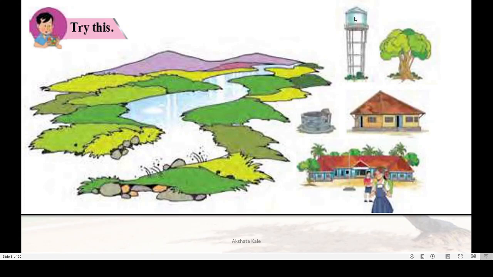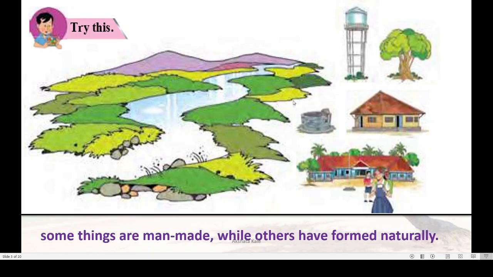This is water tank. Correct? Here we can see different things. Some of these are man-made and others are found naturally. Means they are natural things. Right? First we will differentiate between the natural things and man-made things.